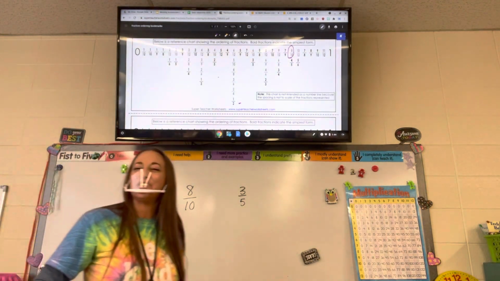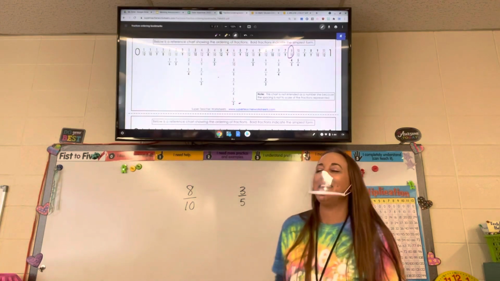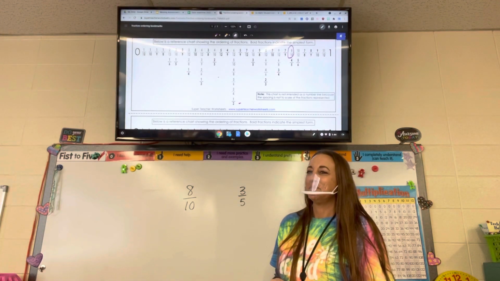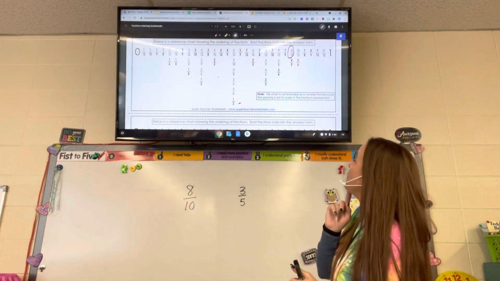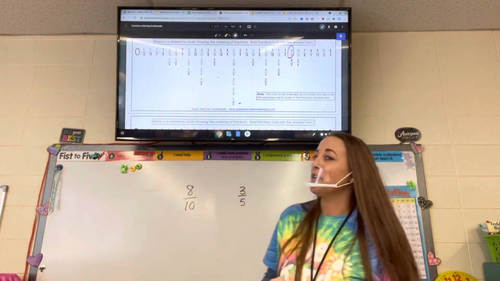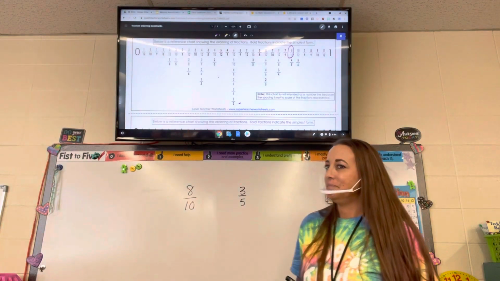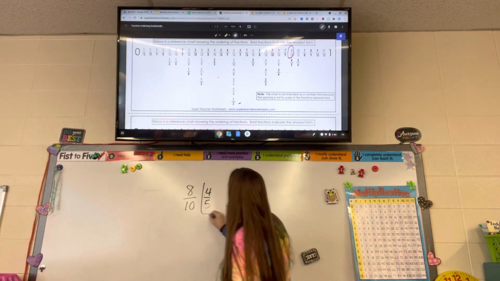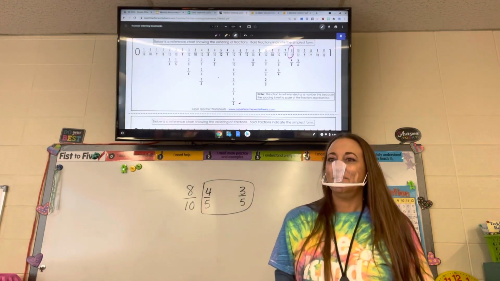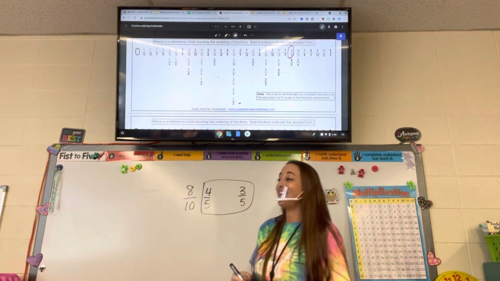Ethan, are you changing your answer? Yes, because only one of them is simplest form. But look, Ethan, what is simplest form for 8/10? 4/5. Could you compare those two? Yes.